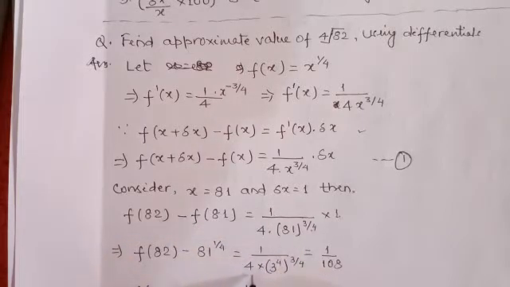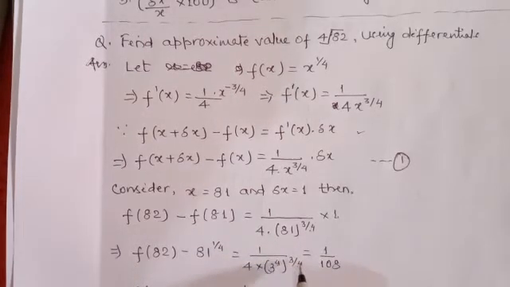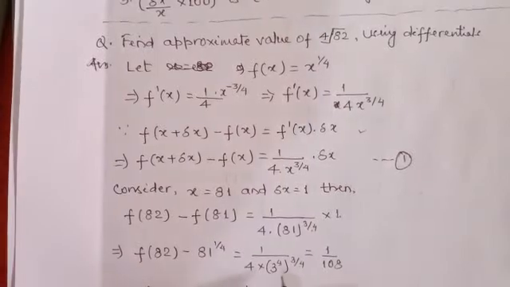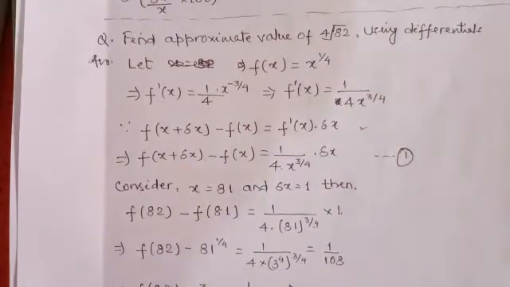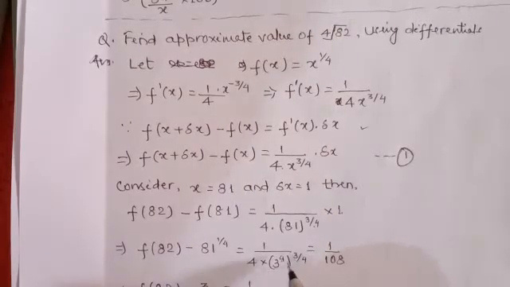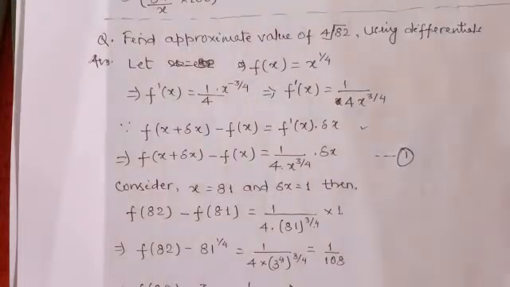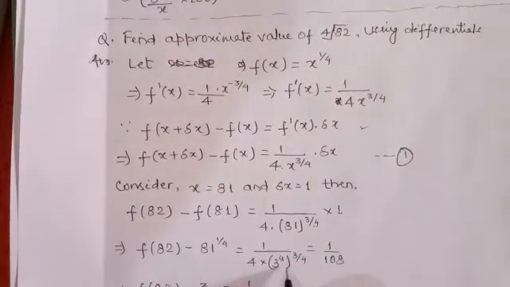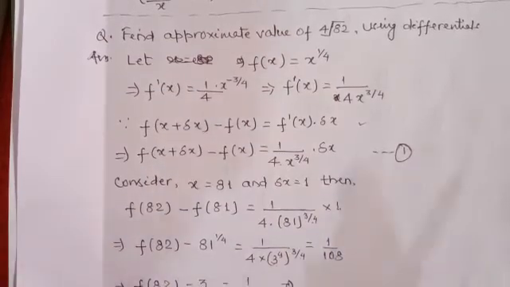Here 1 upon 4, 81 should be written as 3 to the power 4, all to the power 3 by 4. Simplify this one. So this 4 and this 4 get cancelled. How much is left? 3 to the power 3, and 3 cubed is 27, into 4, 108.